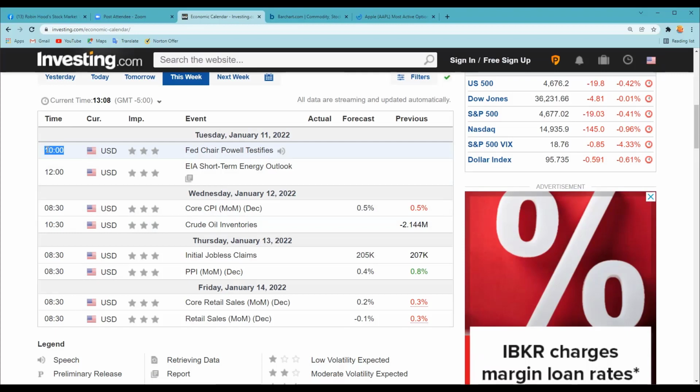So it's very important that you are aware of that, as well as what time the stock market opens and closes in your time zone, because the stock market can easily be affected before the report, during the report, and after the report. So it's extremely crucial that you are aware of all this.